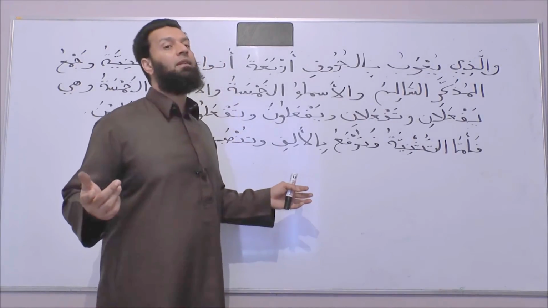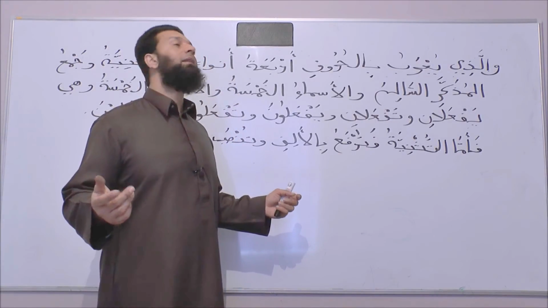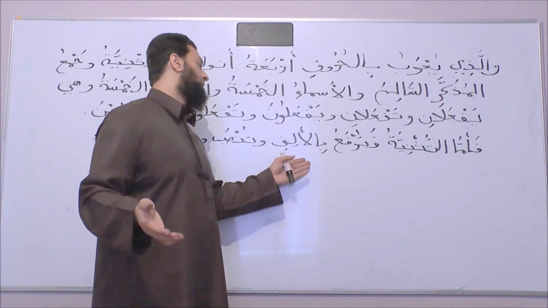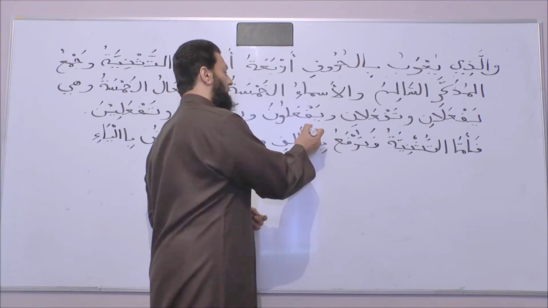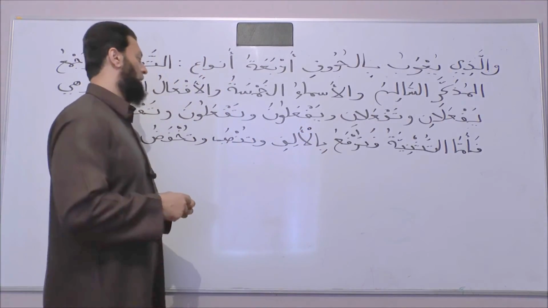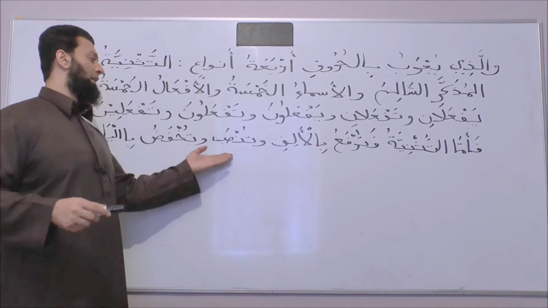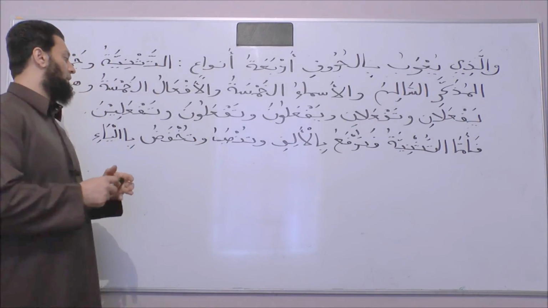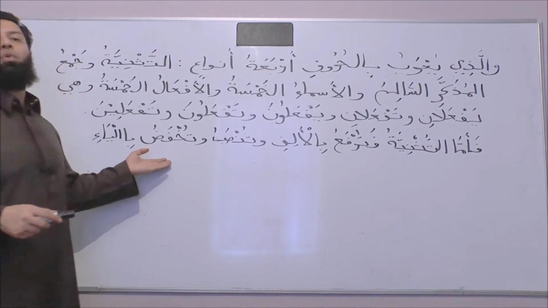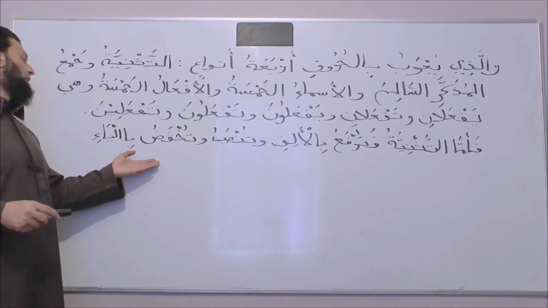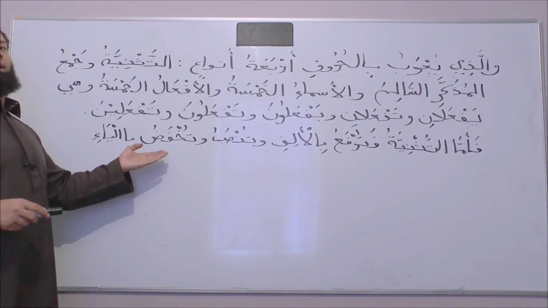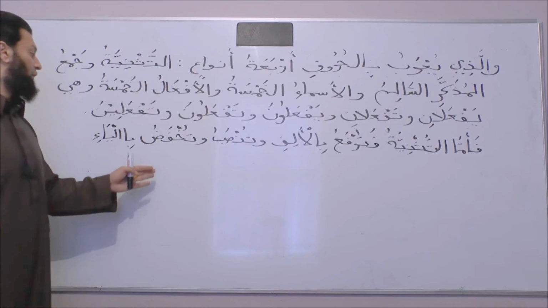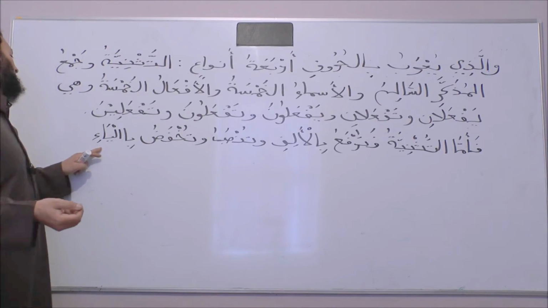فَتُرْفَعُ, then for the marfu'un, it is made raf'un, with the alif. وَتُنْصَبُ, and for the mansubun, it is made nasbun. وَتُخْفَضُ, and for the makhfudun or jarrun, it is made khafdun bil ya'i.